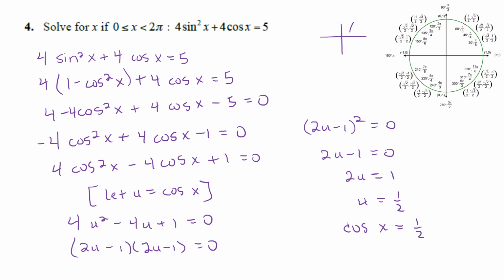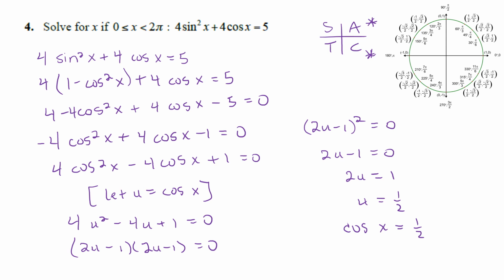Now cosine is positive in quadrant 4 and in quadrant 1. Okay, so we want the angle measure in radians whose cosine is 1/2.